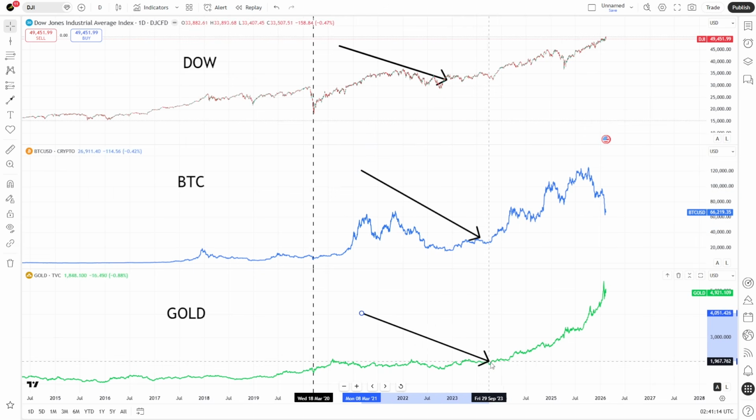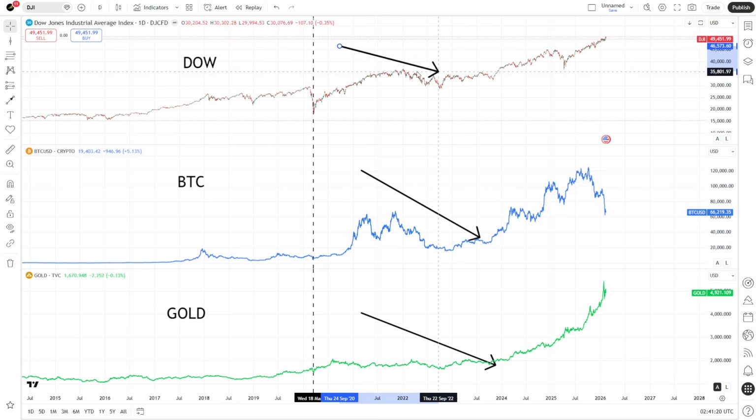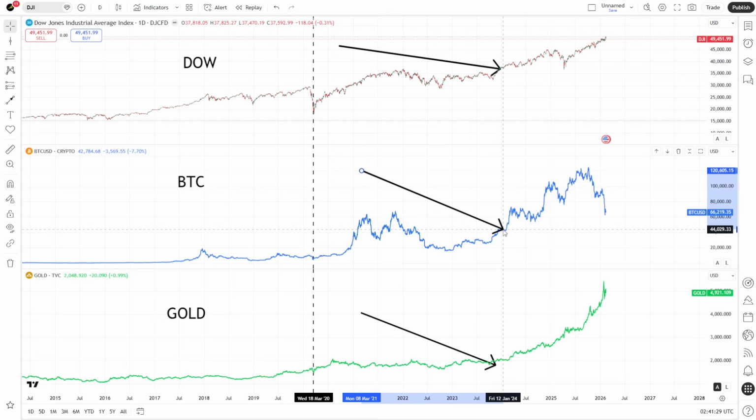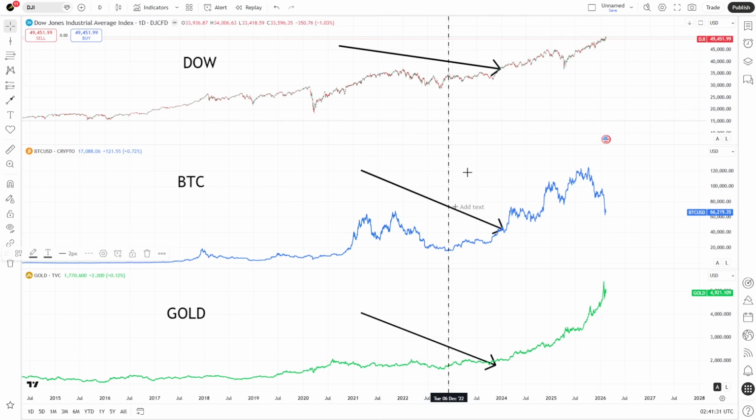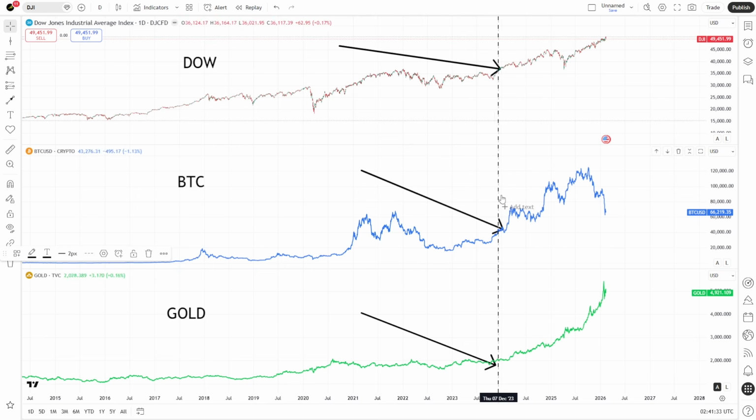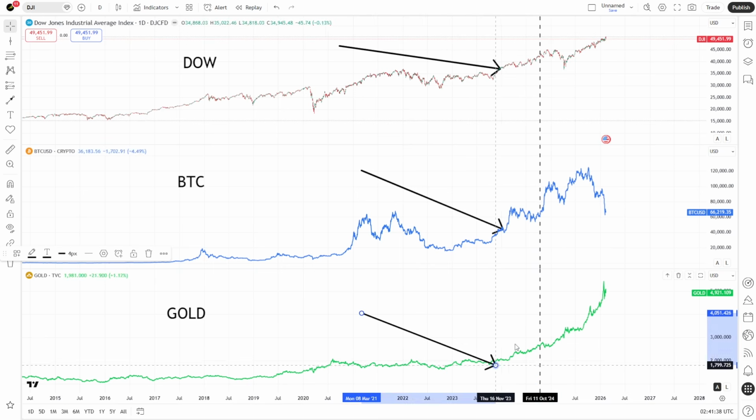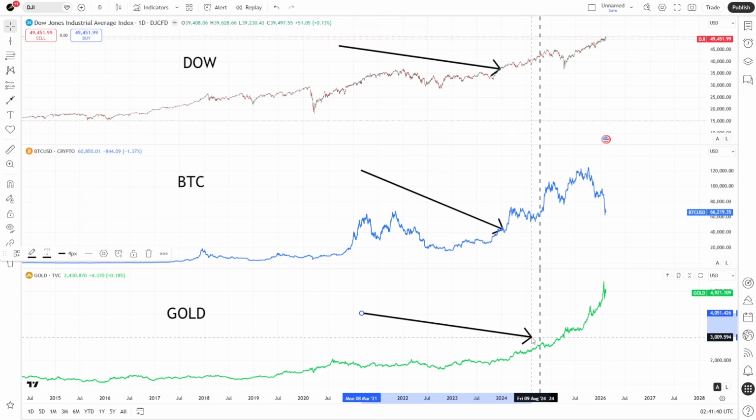After this wave on the Dow Jones, there's that intermediate wave, and we could see that Bitcoin has something similar. Actually, even gold has something similar. Once the Dow Jones gets above this high, somewhere around right over here, that's when Bitcoin really comes to life. So we can see that Bitcoin starts shooting up and moving up quite aggressively. But the problem is, so does gold. Gold starts moving up.